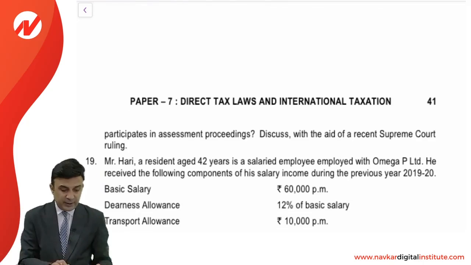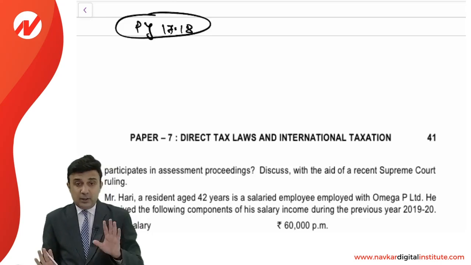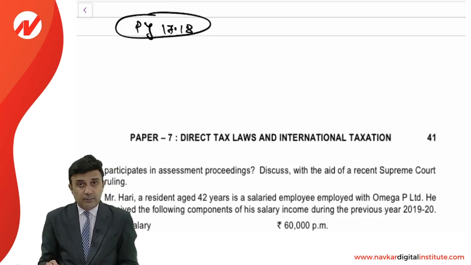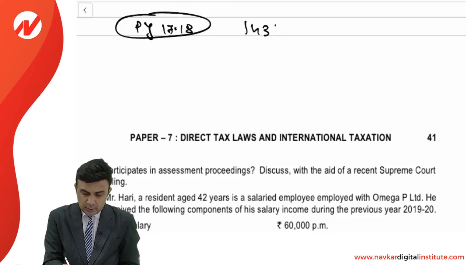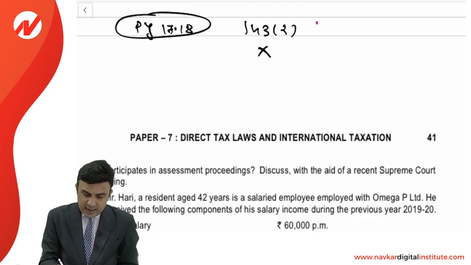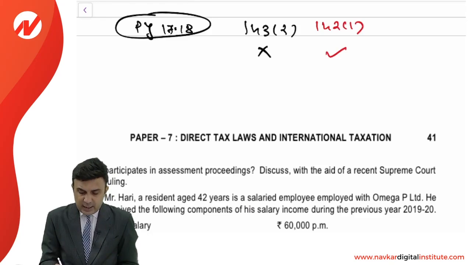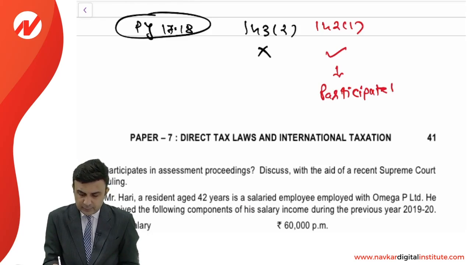See, what has happened is, my case for, say, previous year 17-18 has been selected for scrutiny, but the 143(2) notice has not come. Directly I am given a 142(1) notice and I have participated in the inquiry, in the hearing.